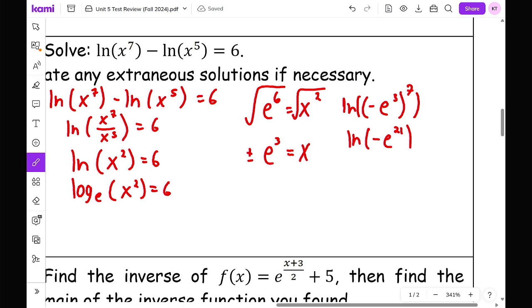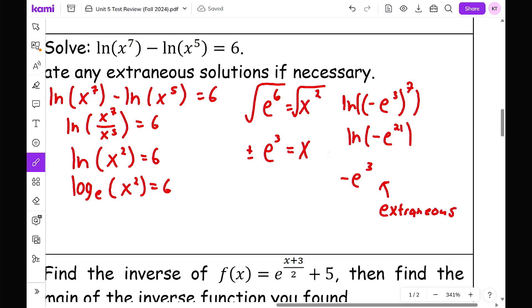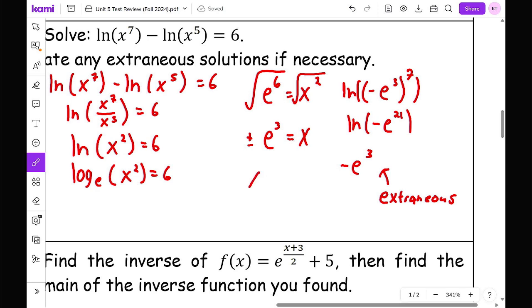And again, we can't have a negative inside of the argument of a log. So negative e to the power of 3 would be extraneous. So the only real solution that we'll have is x is equal to e to the power of 3.